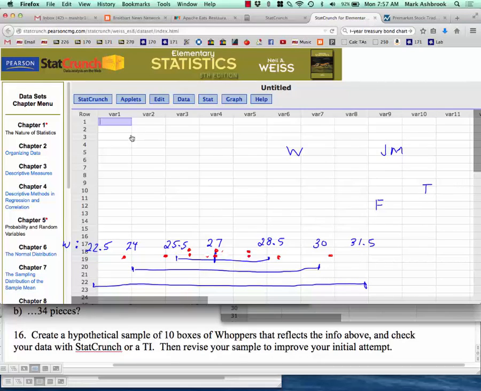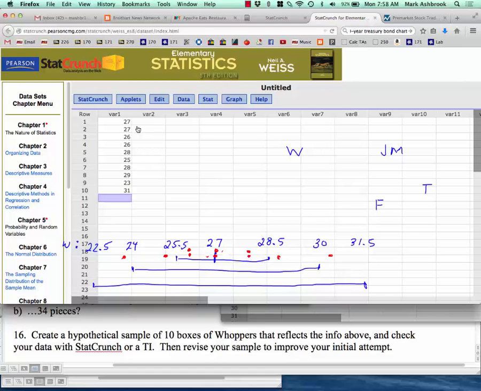Okay, so let's put in what they did and see what happens. 27, 27, 26, 26, 28, 28. Out of order, no big deal. We said 23 and 31. No, I forgot the 25 and 29, and 23 and 31. Did I get it right?